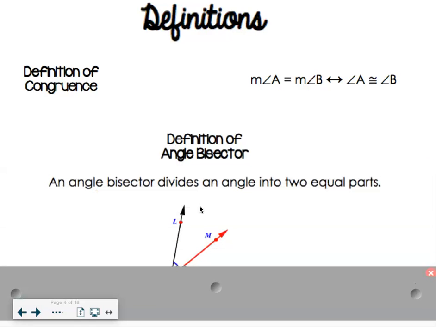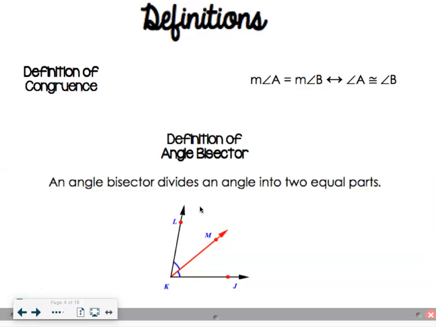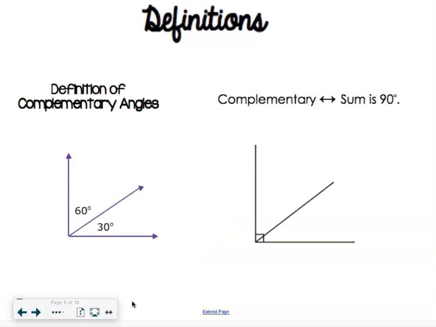What's next? What does a bisector do? Cuts it in half. So what two angles would now be equal because angle LKJ is being bisected? LKM. Yep. Okay, what's next on our list? Complementary means the sum's 90.